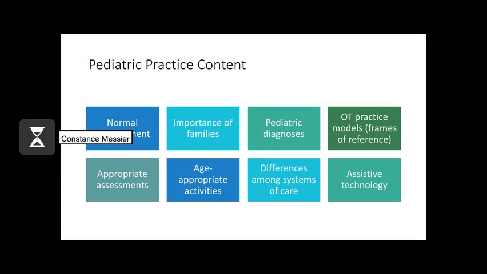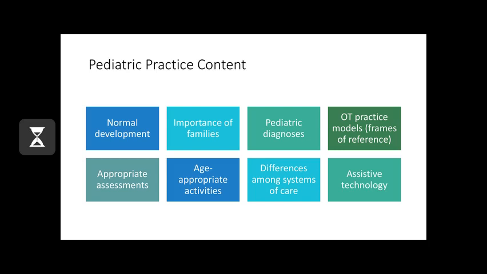ACOTE, the Accreditation Council for Occupational Therapy Education, provides standards for educational programs to prepare you students to be effective occupational therapy practitioners. The areas that they say students should have a good understanding of in pediatric practice include human development, or as I have on the slide, normal development.